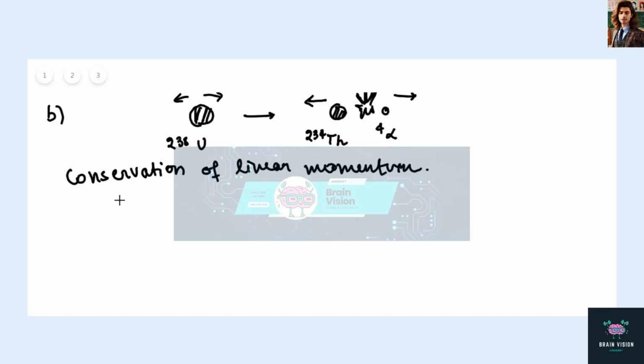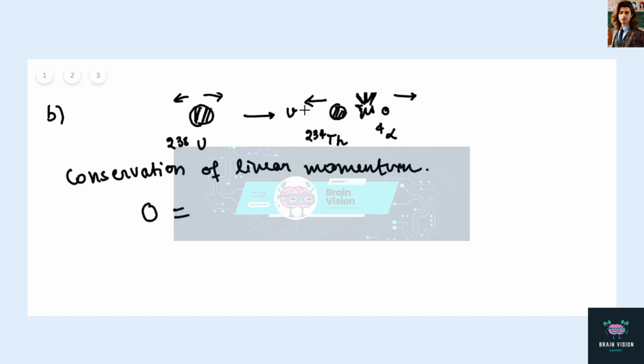It says the total momentum stays the same, right? So how much momentum do you have on the left? This particle is sitting at rest, so you have zero momentum. Some mass, but zero velocity, so no momentum, zero. And so what should we have on the right? We should have zero momentum again. And how do we do that?